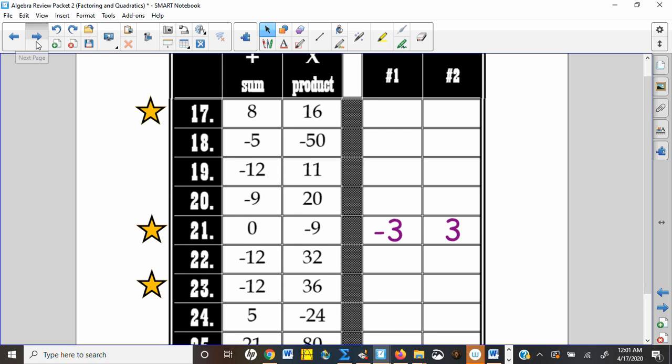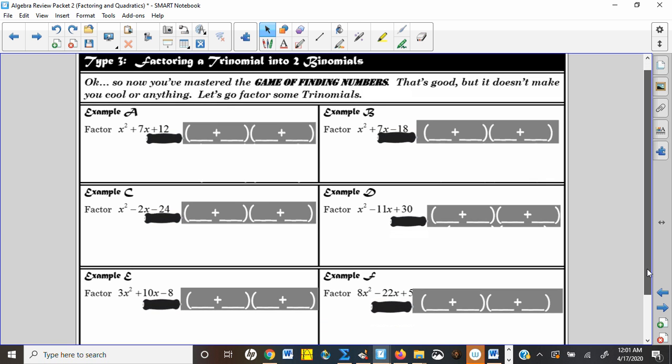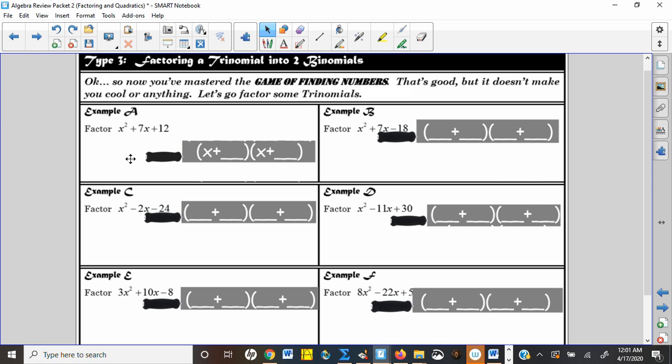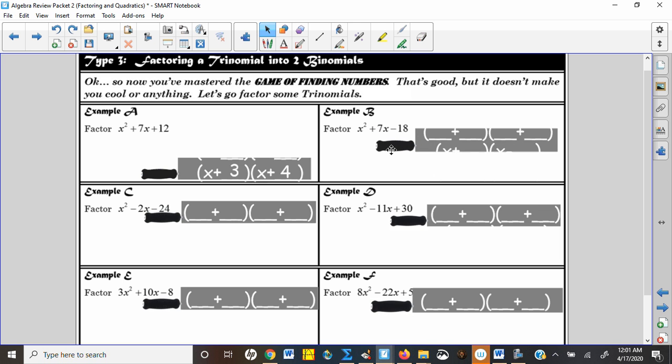So moving on. Now that you've played the game of finding numbers, factoring binomials should start to get a little bit easier, okay? Because we know we're going to start with x and x to get x squared, but what two numbers multiply to 12, add to 7? Boom, 3 and 4, right? What two numbers multiply to negative 18, so it's going to have to be a positive and a negative, right?